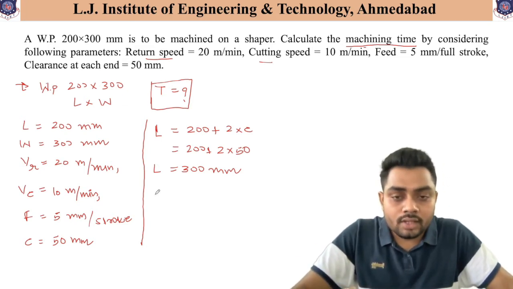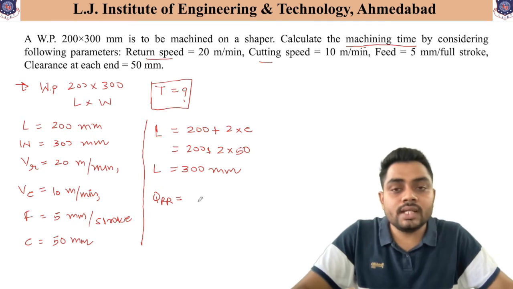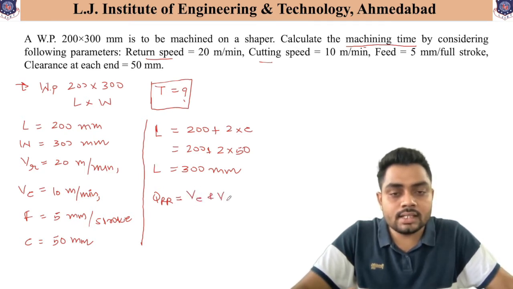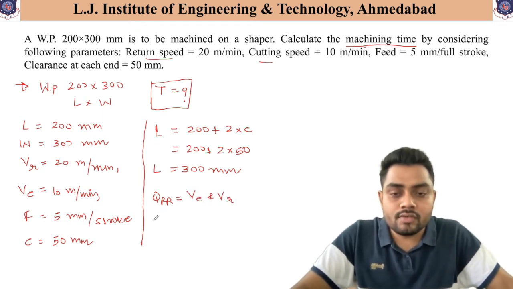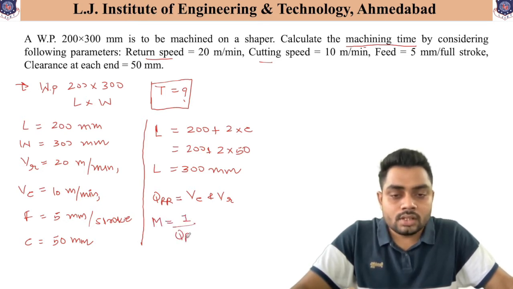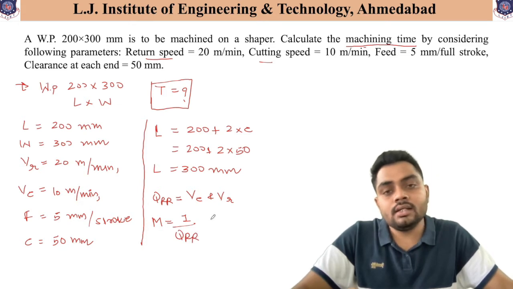So we know the quick return ratio, which we can get easily from the cutting velocity and the return velocity. For the calculation we will define another important term, m, which is nothing but the reciprocal of the quick return ratio.